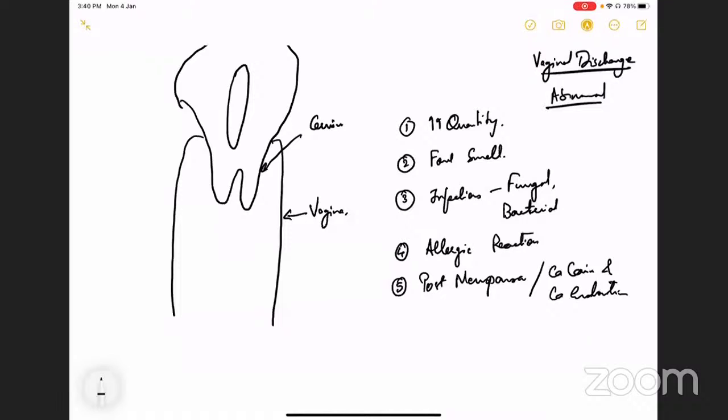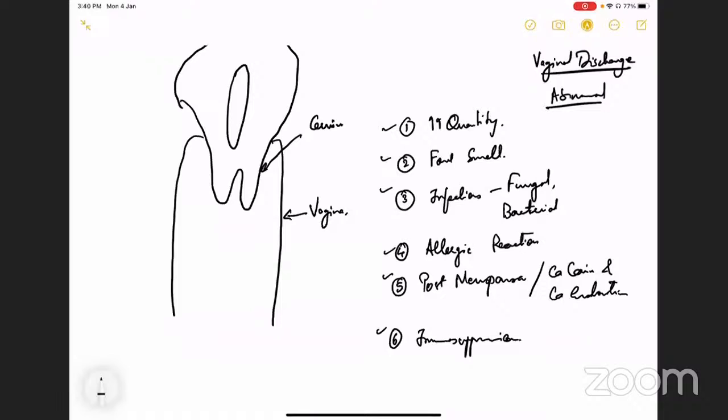The sixth thing, especially in today's situation, is any state which is causing immunosuppression. All these things, from point number 1 to point number 6, can cause multiple types of abnormal vaginal discharge, and we have to always keep that in mind.